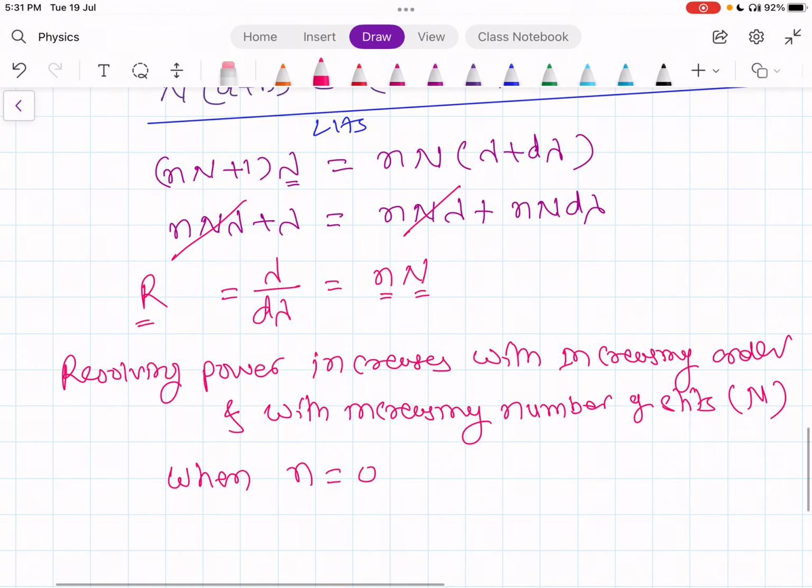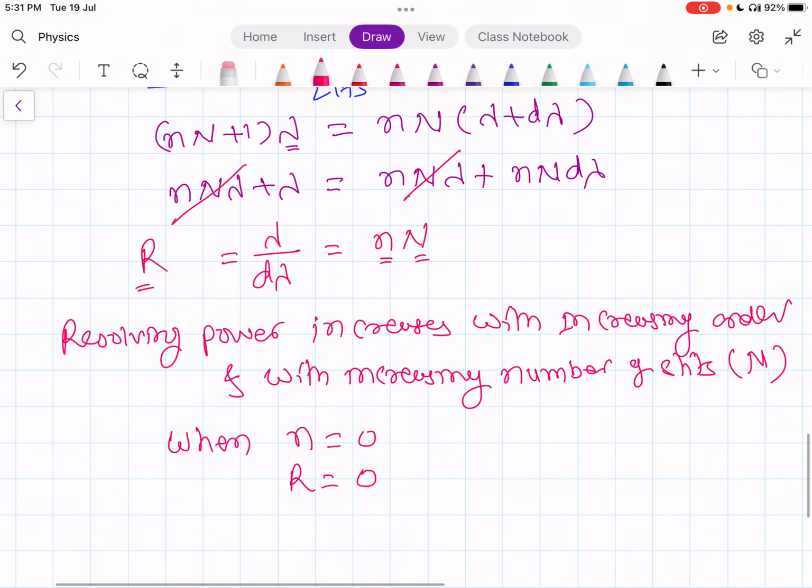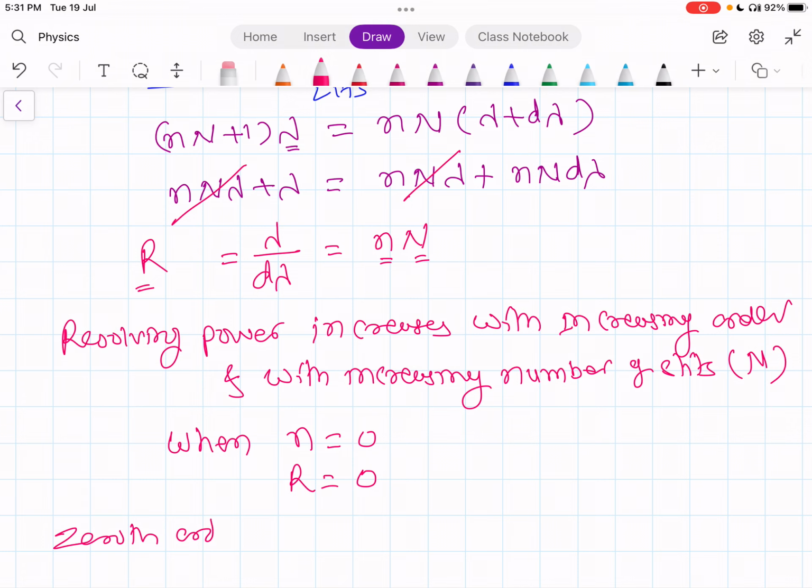For the zeroth order, the resolving power is 0. So in the zeroth order, the wavelengths are indistinguishable.